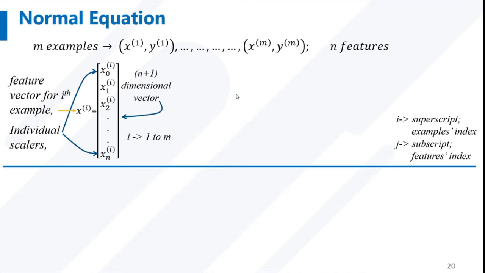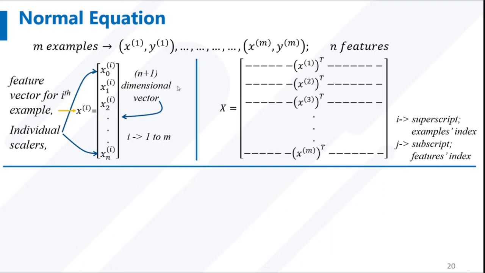If you remember the formation of x in the previous example, in the first line you have the size of the house, then number of bedrooms, number of floors, and then age. And at the beginning there is a 1. So 5 elements, and these are in a row. But for a certain example, this is actually a vector. This one is x0, which is 1.